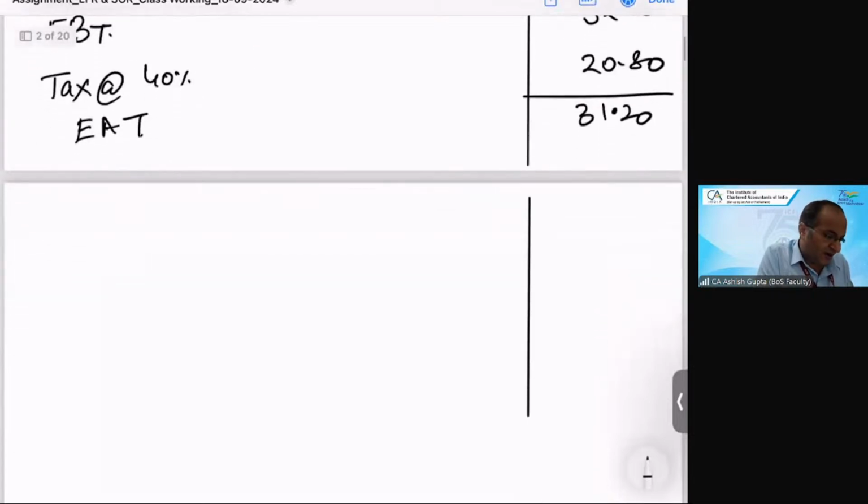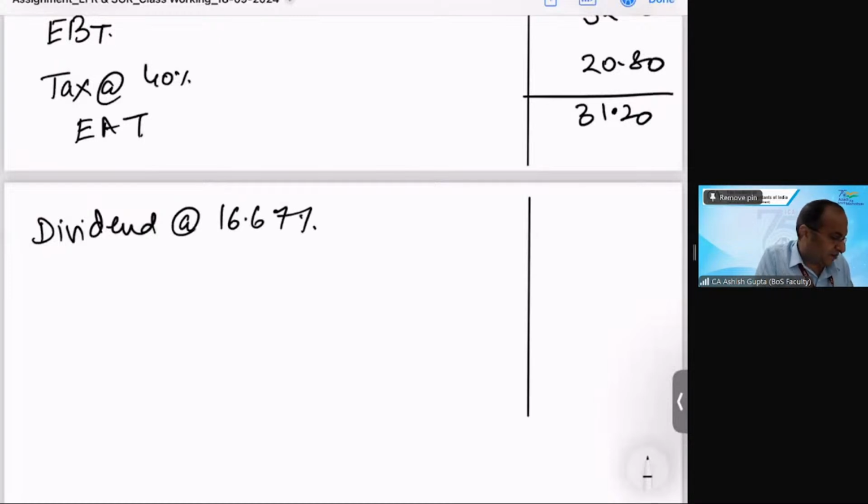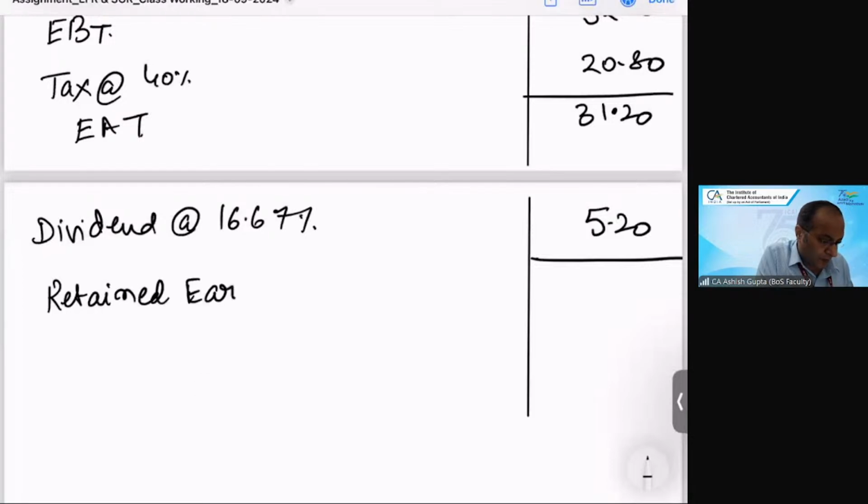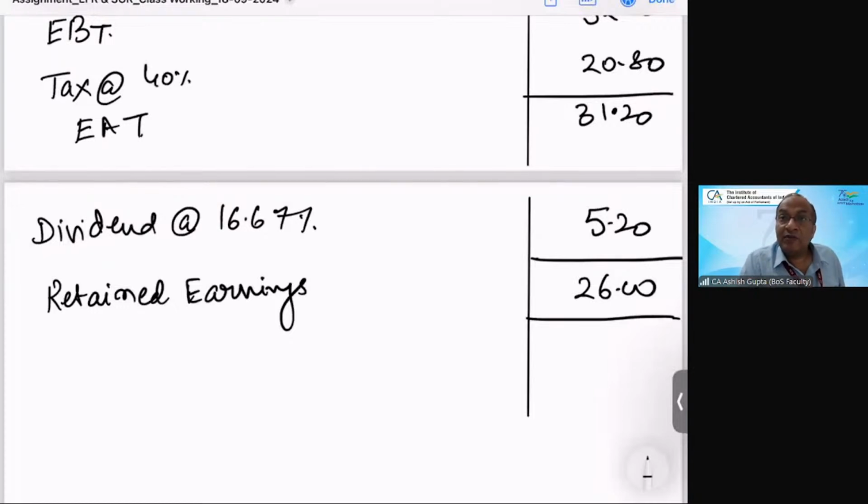Now we can see we shall deduct the dividend at the rate of 16.67%. If I compute 16.67%, it will become 5.2 lakhs. So the retained earning will be 26 lakhs with me. Students, this will be the balance left with me as an internal source.